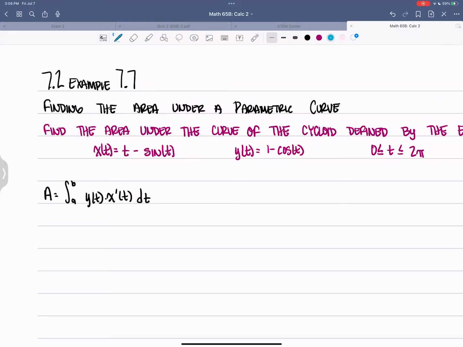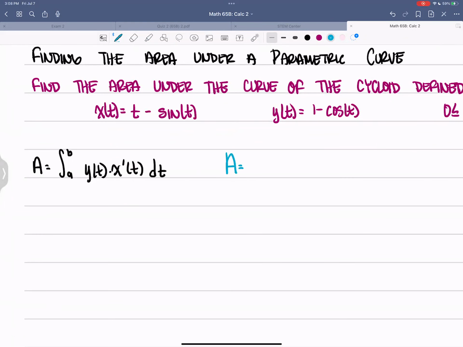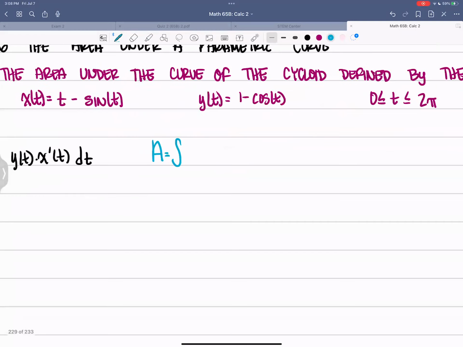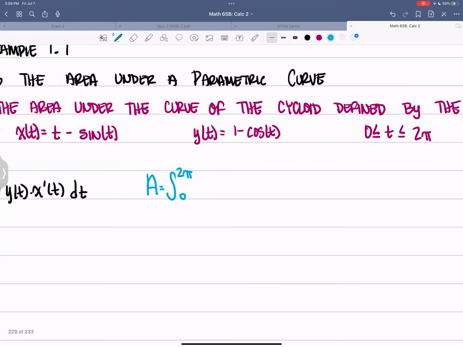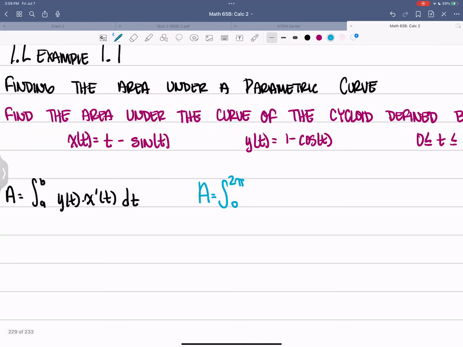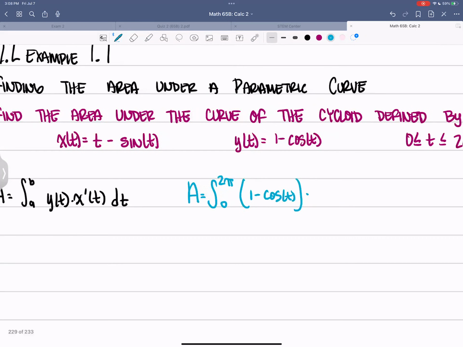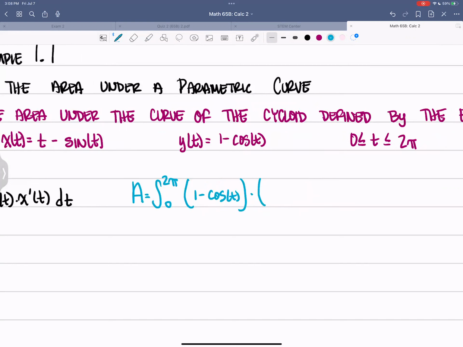So we have the area as t goes from A to B. We have our t values as t goes from 0 to 2 pi of y of t. Y of t is 1 minus cosine t times x prime of t. That's 1 minus the derivative of, cosine t.